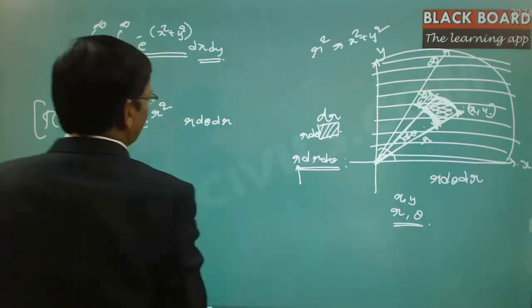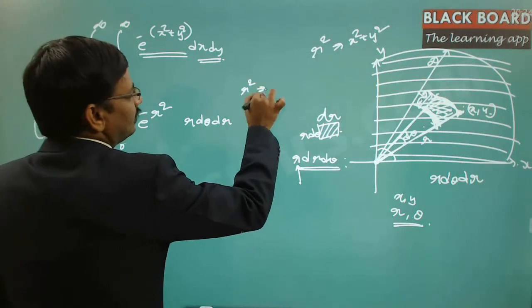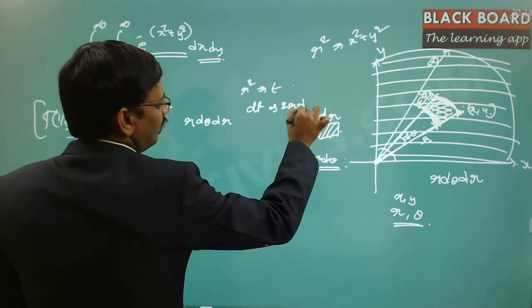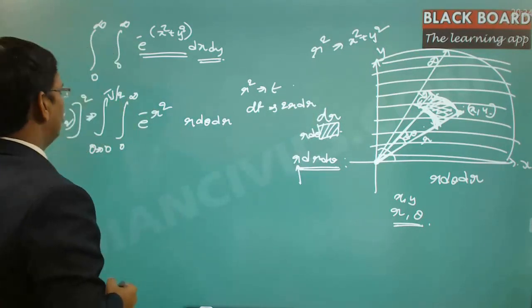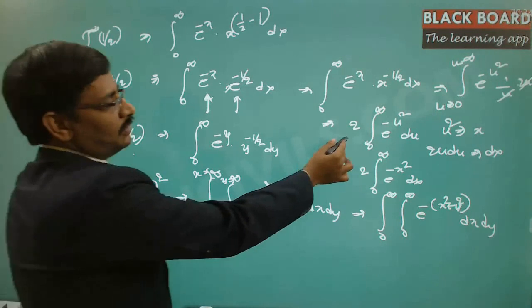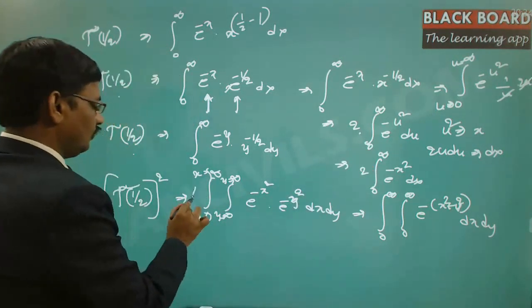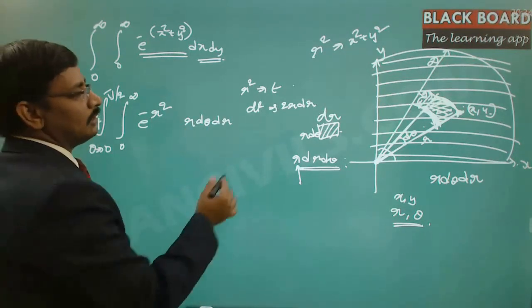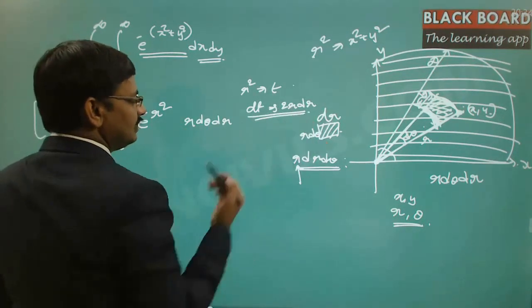Suppose if I take r square is equal to t, then dt can be expressed as 2r dr. When you square it, there is one factor of 2 here, so 2 will become 4 here. And 2r dr can be expressed as dt.